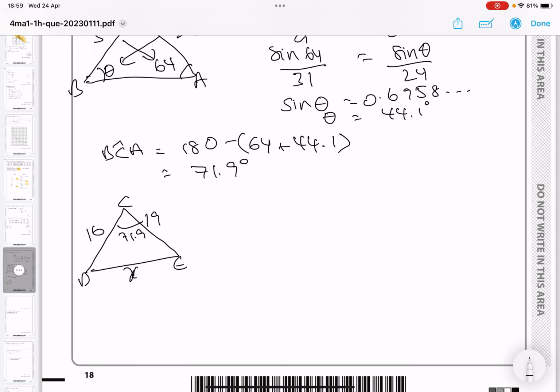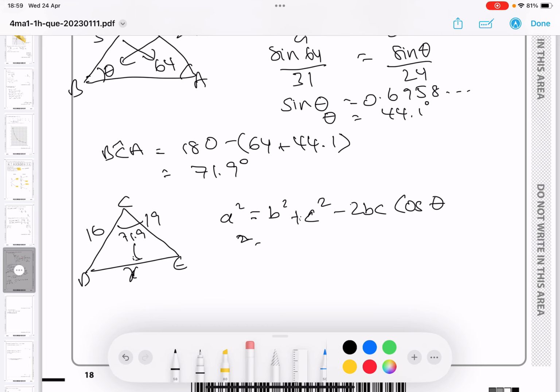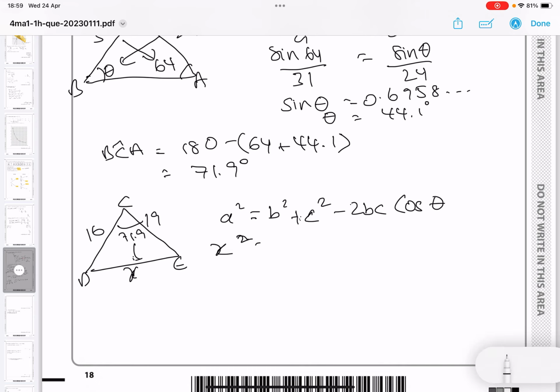Sorry, other side. Okay, so now we use the cosine rule. They've given you this formula in the booklet again: a squared equals b squared plus c squared minus 2bc cos theta. Sorry, not a, x. That'll be x squared, because we've labeled that variable as x, otherwise it's going to get too confusing.